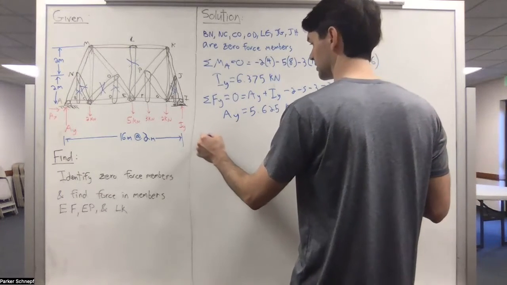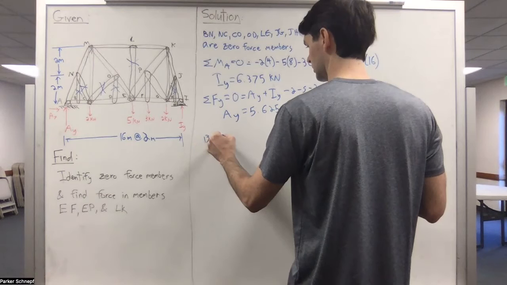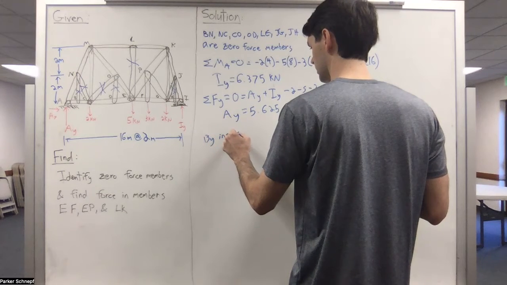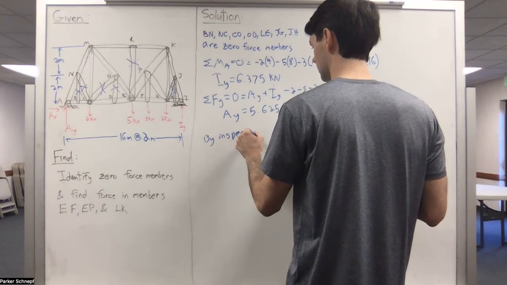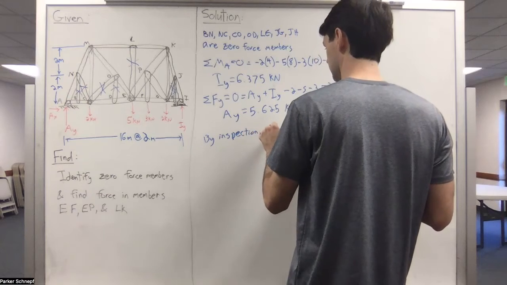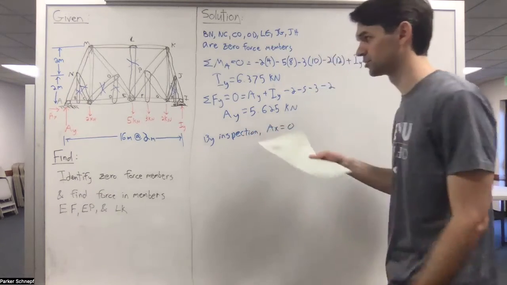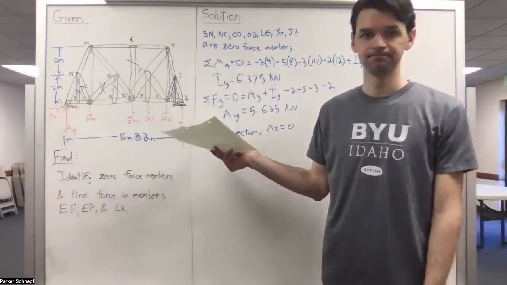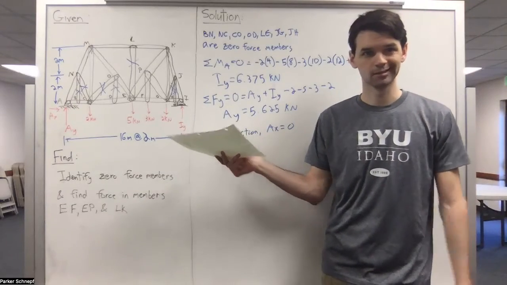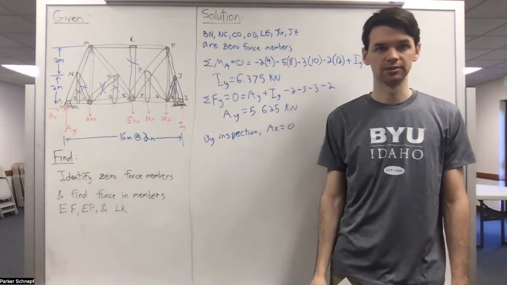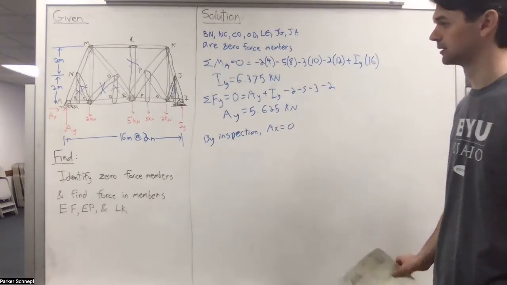And by inspection, I know that AX equals 0 because there's no externally applied forces in X. So there's nothing for it to resist.